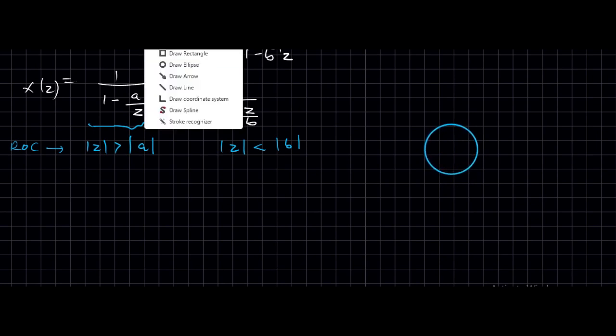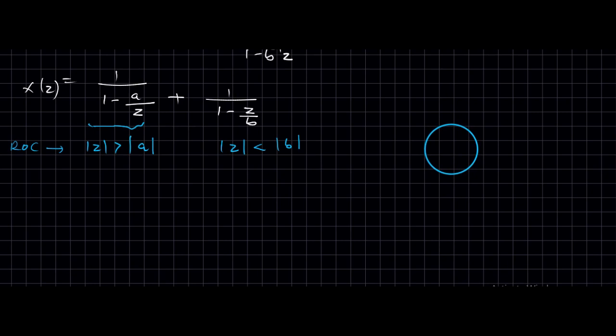We have two conditions here. The region of convergence has two conditions, a and b. I am making a rough drawing to show the concept.